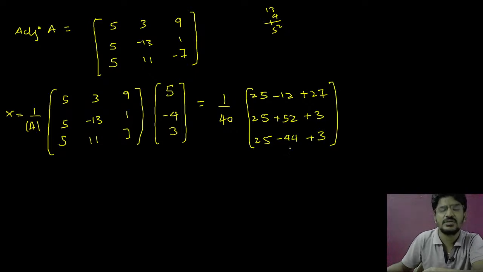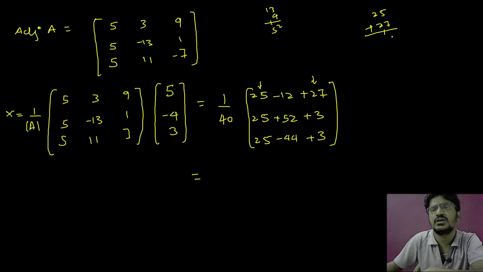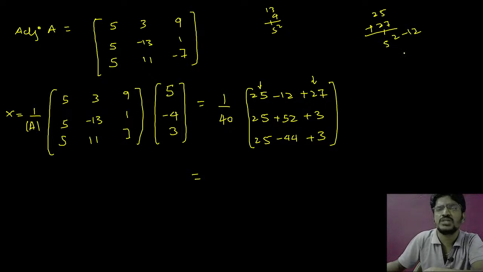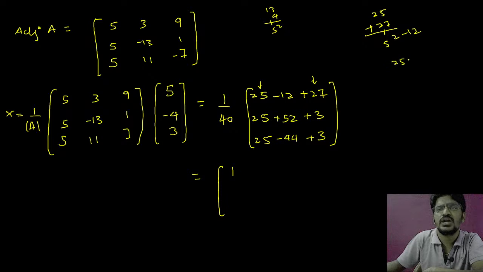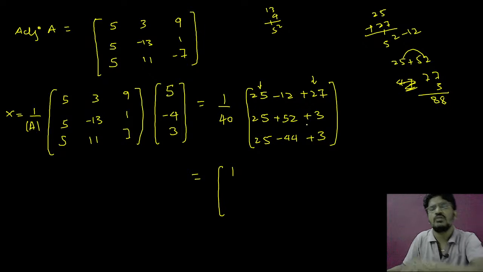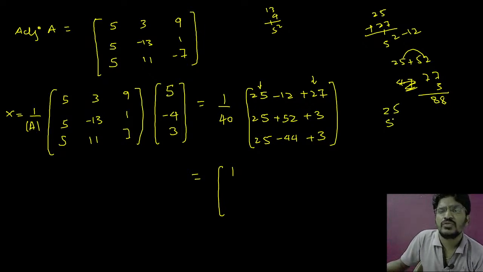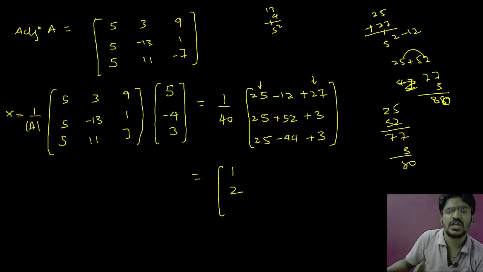Now simplify this and check the answers. 25 plus 27 is 52, minus 12: 52 minus 12 is 40, so 40 by 40 is 1. 25 plus 52 is 77, plus 3 is 80. Not 88, 80. So 80 by 40 is 2.